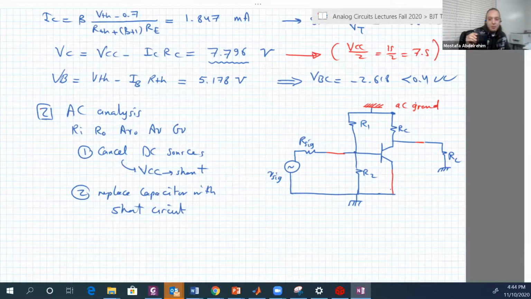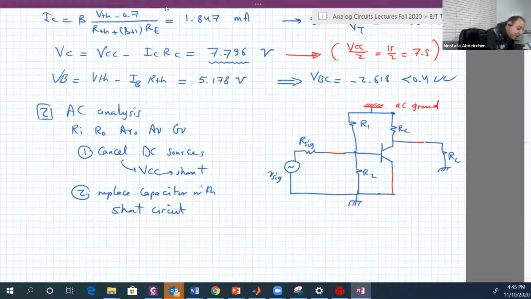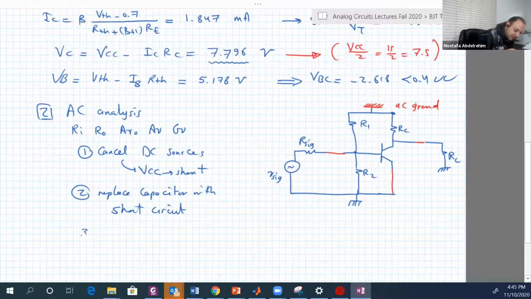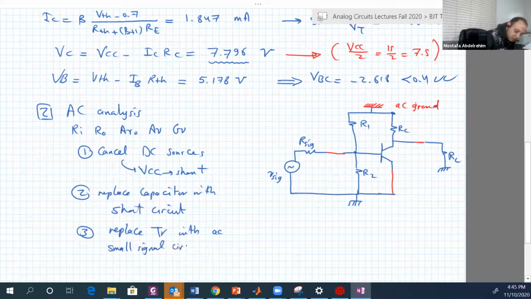But of course, our input will be the same. The third step is to replace the transistor by its AC equivalent circuit. So replace the transistor with the AC small signal circuit model.